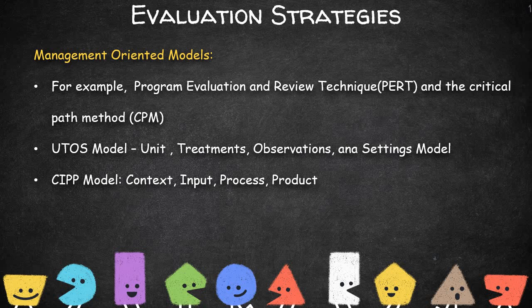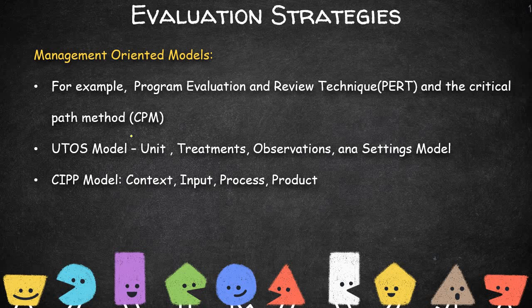For example, PERT and CPM, program evaluation and review technique and critical path method, are quite common in operation research and network analysis, where we tend to evaluate how good that program was, or the best path or critical path. So all those things we can do.